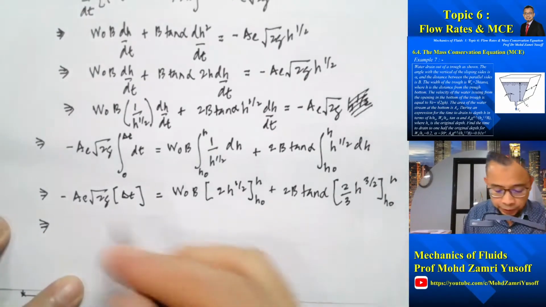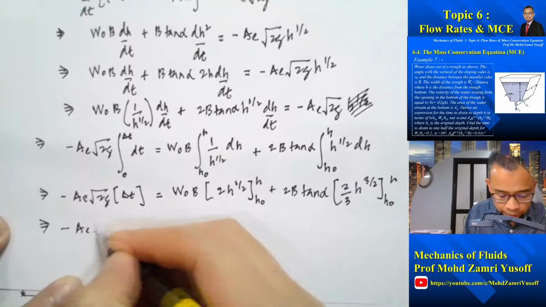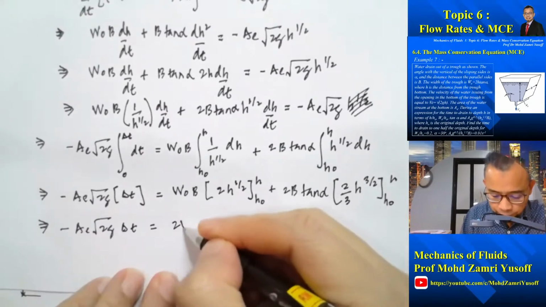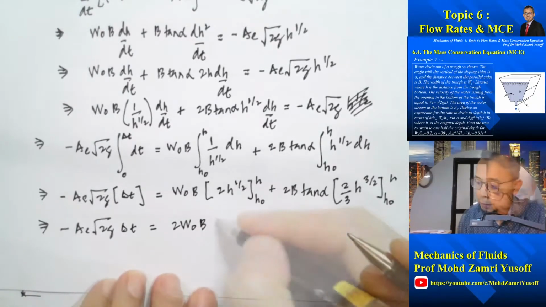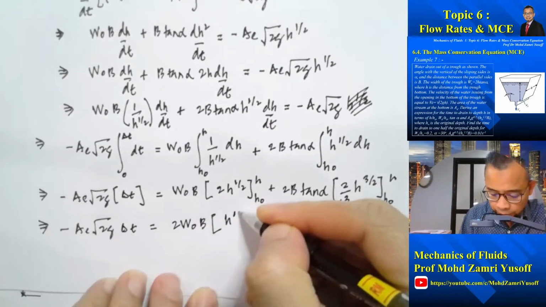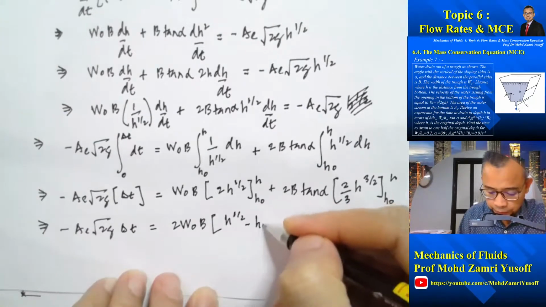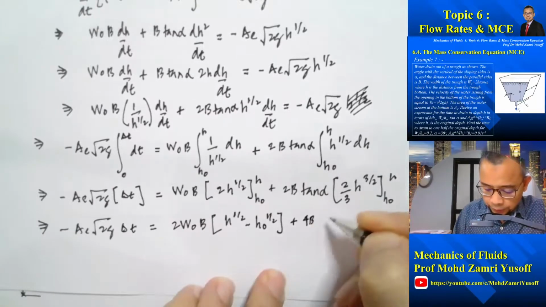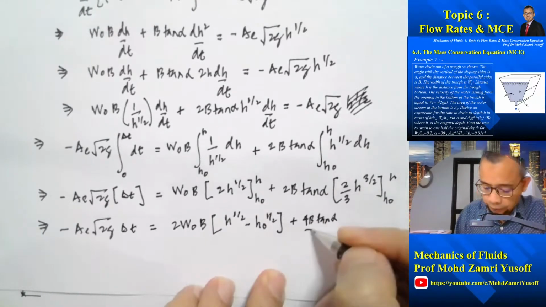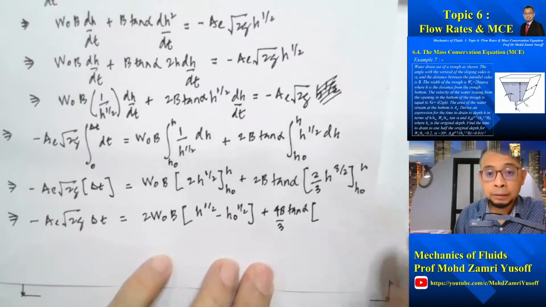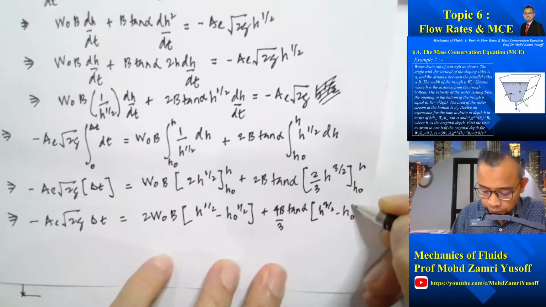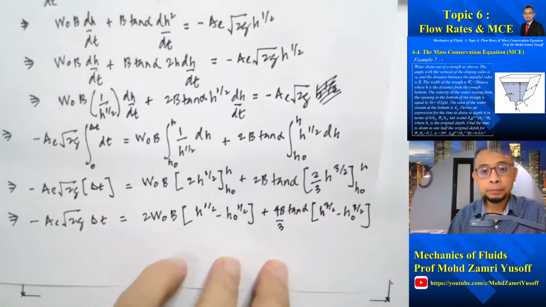So this gives me minus ae root 2g times 2 w naught b, h to the half minus h naught to the half, plus 4b tangent alpha over 3, h to the power 3 over 2 minus h naught to the power 3 over 2.